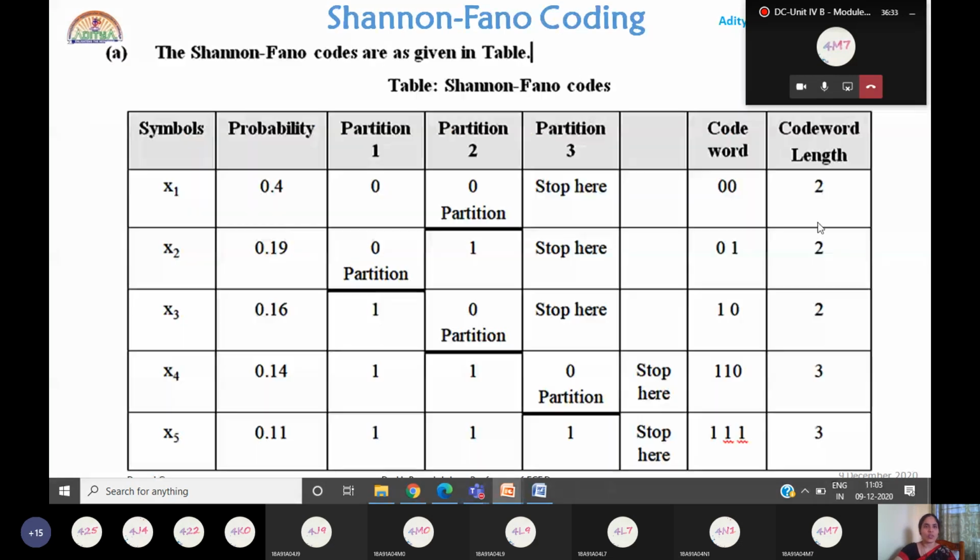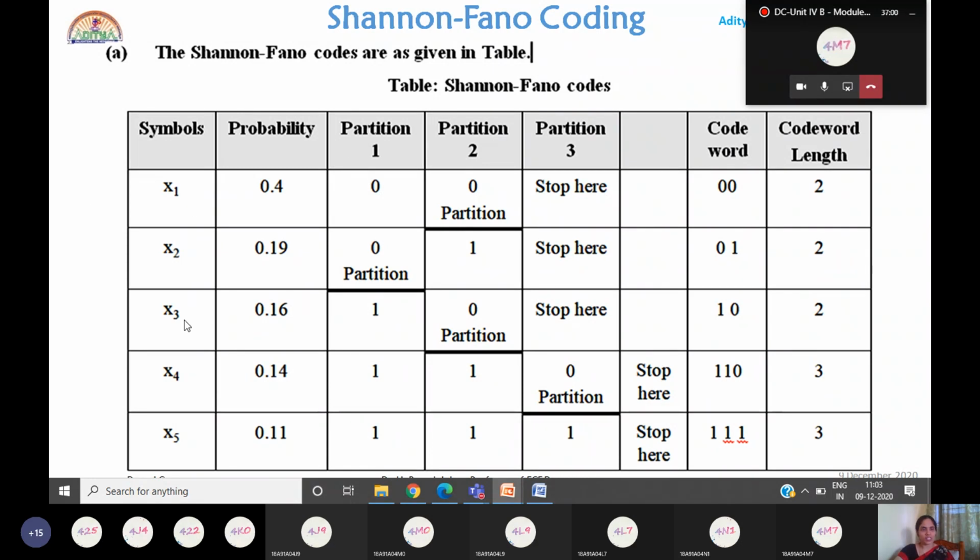Now you can observe the Shannon Fano coding method. First, you represent the symbols x1, x2, x3, x4, x5. In the second column you should represent the probabilities in non-increasing order, that is, decreasing probabilities.